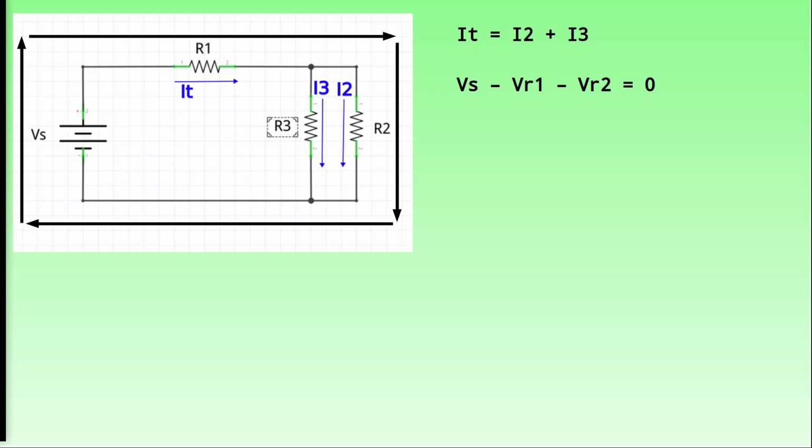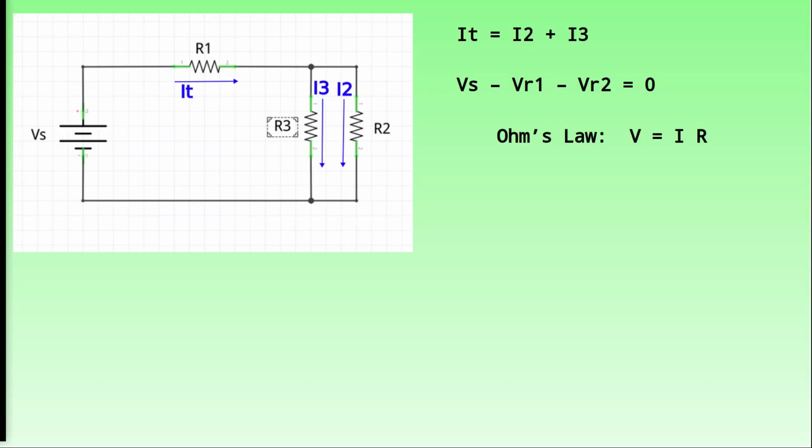We use Ohm's law, V equals IR, to replace the voltage drops with their corresponding currents and resistances. Since IT flows through R1 and I2 flows through R2, our final KVL equation becomes Vs minus IT times R1 minus I2 times R2 equals 0.